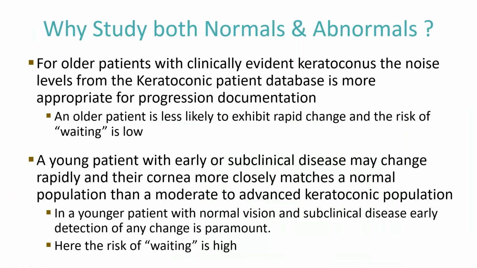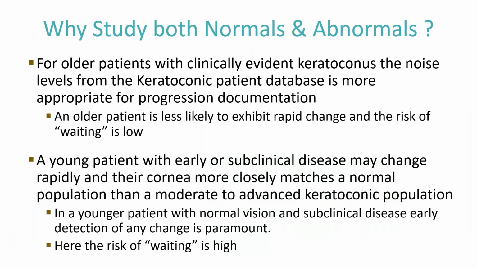To determine the inherent noise of these measurements, we decided it was important to study both a normal population and an abnormal population. The normal population, because again, your very early cones, subclinical cones, those that have posterior ectasia but a normal anterior surface, or your very young patients, probably mimic a normal population.